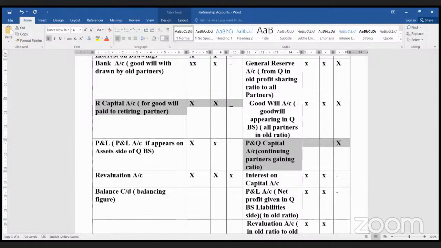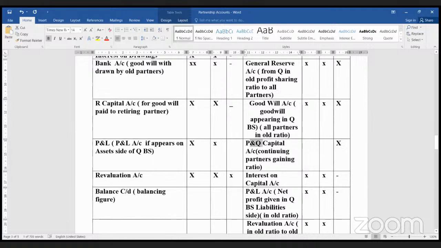R is taking goodwill, so only for R will we write on the credit side. From whom is he getting it? From P and Q. So in particulars we write P and Q capital. In R's capital column, we write the goodwill amount. And in particulars, what will you write? R is getting goodwill from whom? P and Q.